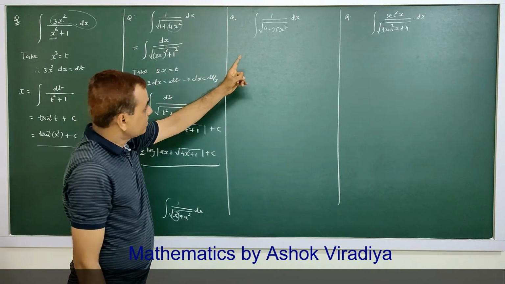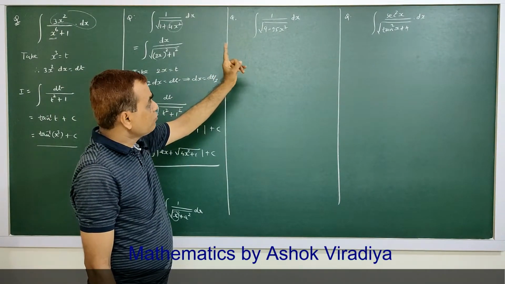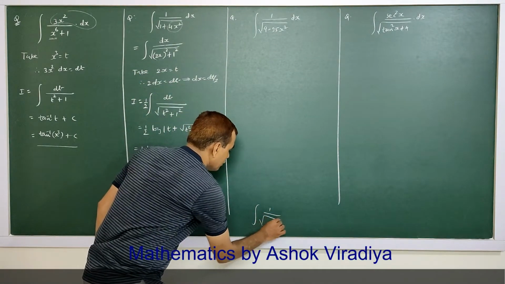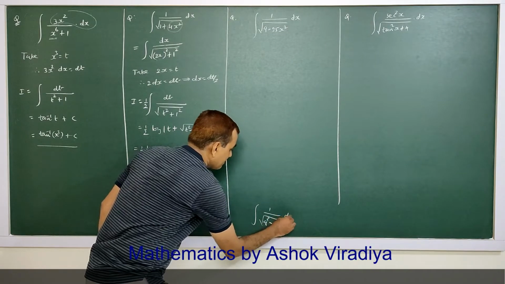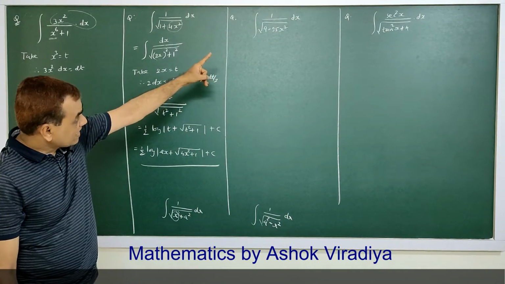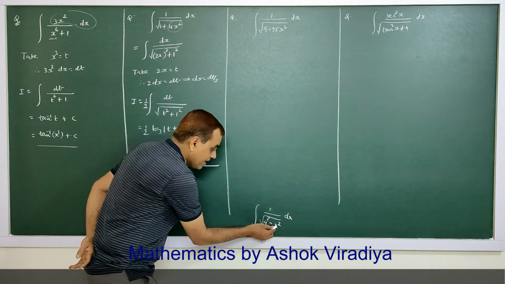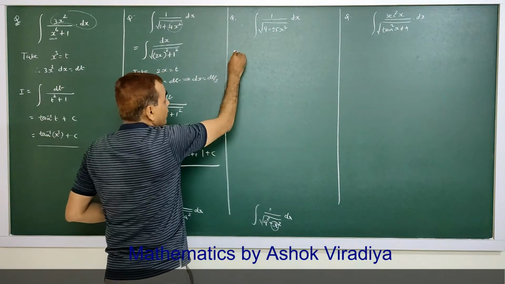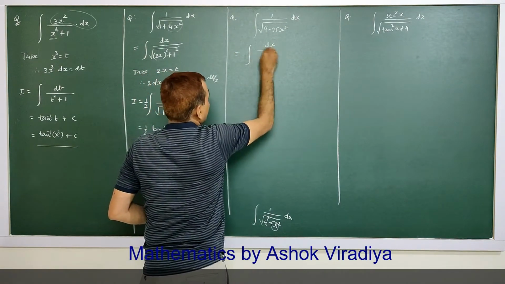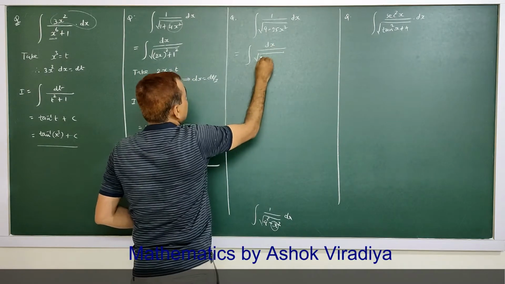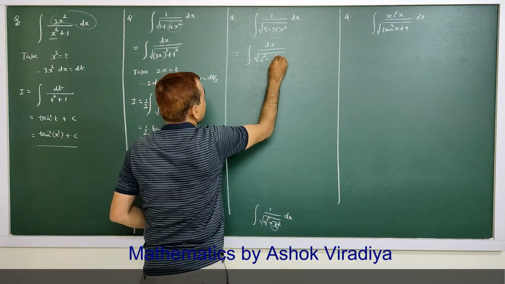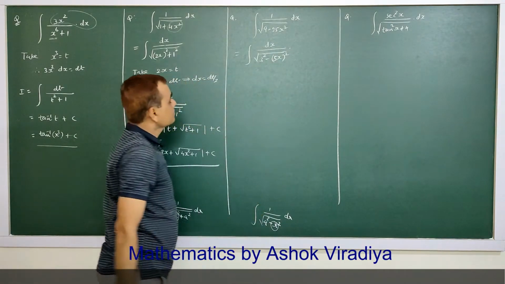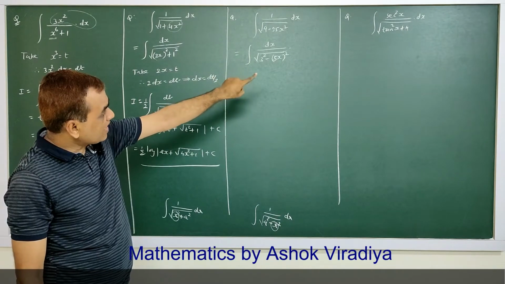Now look here. If you observe this function, you can find its matching with 1 upon root a square minus x square. So here we need x square. For that, 25x square we observe as 5x square. 25x square is 5x square, 9 is 3 square.